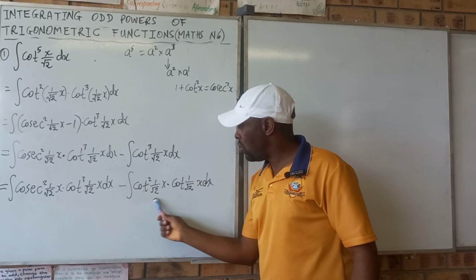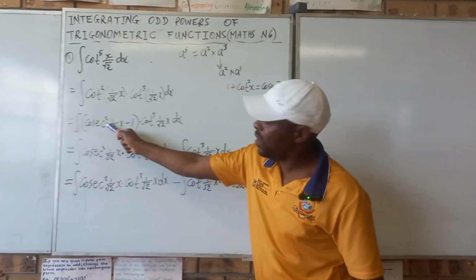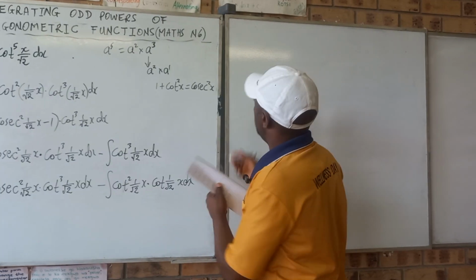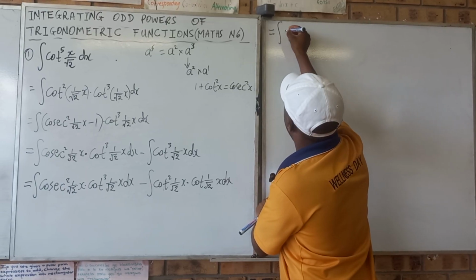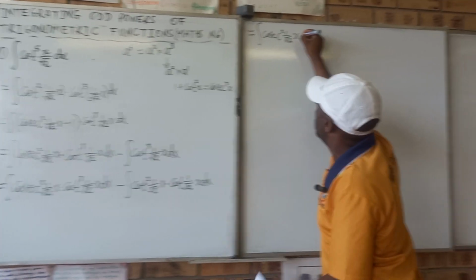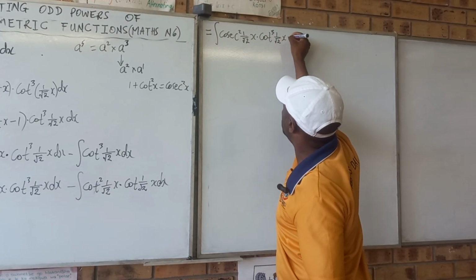Then after, I will look for the meaning of cot squared from the same formula, just exactly as I did over there. So now moving on, I will then continue this side. I copy the first term exactly the same way. So it's cosec squared (1 over root 2)x multiplied by cot cubed (1 over root 2)x dx.